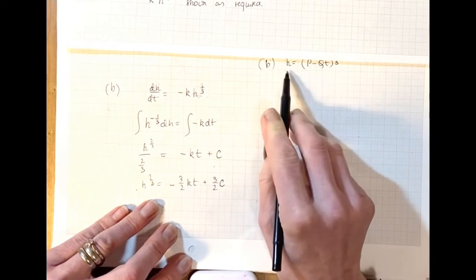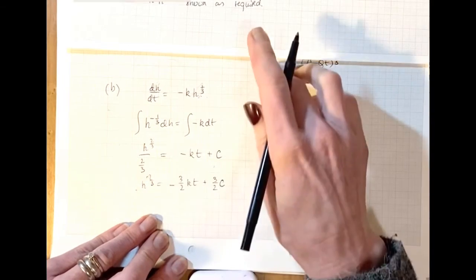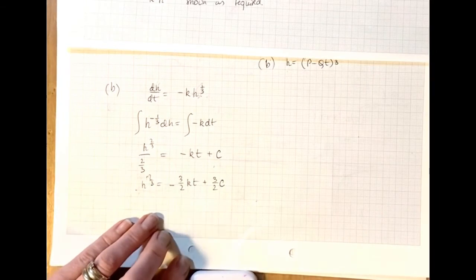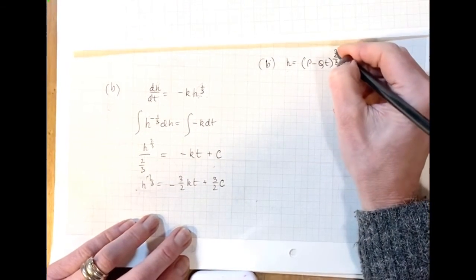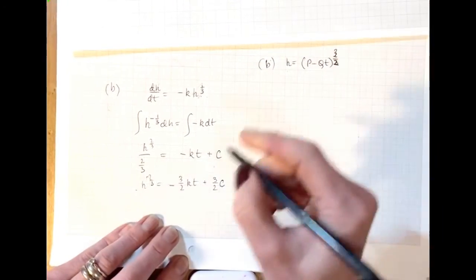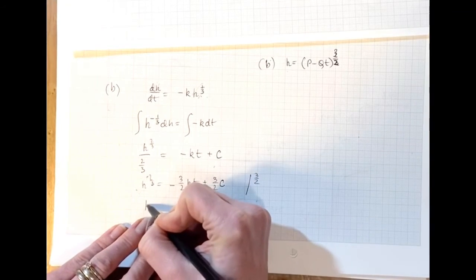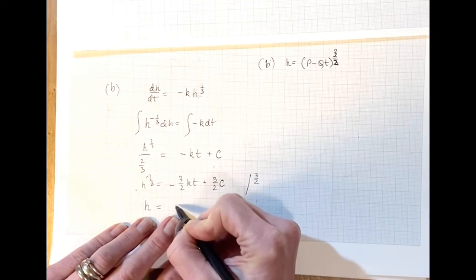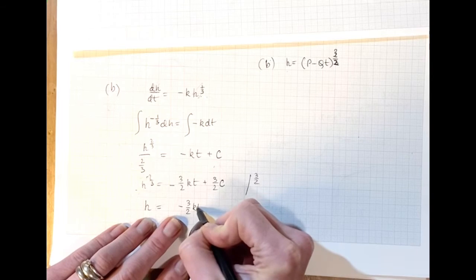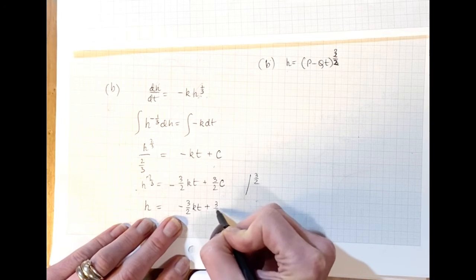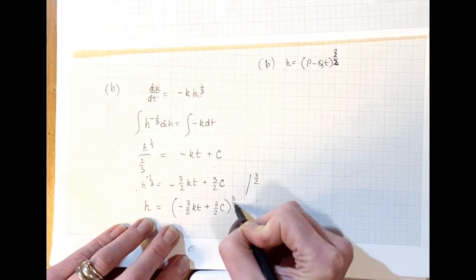We are aiming to get h on its own, so we are going to undo the power of 2/3. I misread that one. That did say 3 over 2. Don't have my glasses. So raise it to the power of 3 over 2. That will bring us back to h. You're going to get minus 3 over 2 kt plus 3 over 2 c, all to the power of 3 over 2.